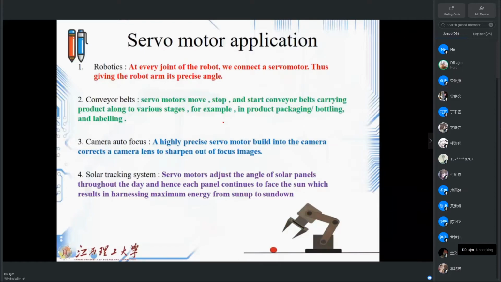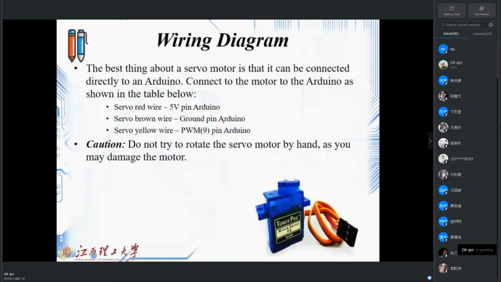And I think all these application I show you previous time on some videos, but that time you didn't know that the motor that they used was servo motor, but now we are clear that the motor was servo motor. Okay, let us go for now our topic.